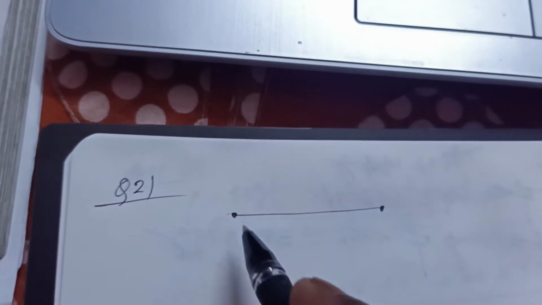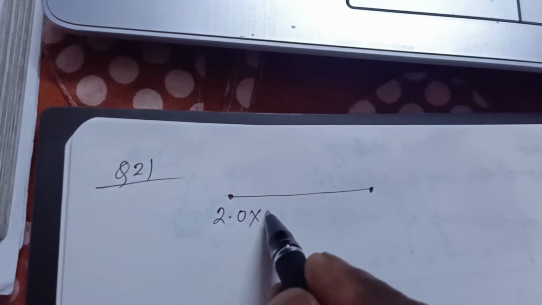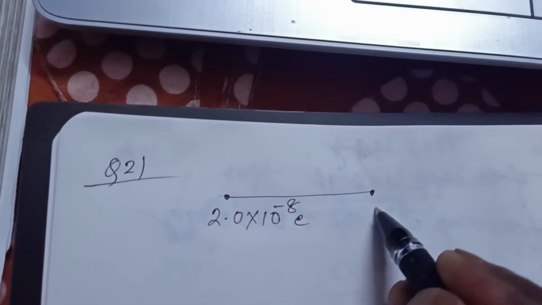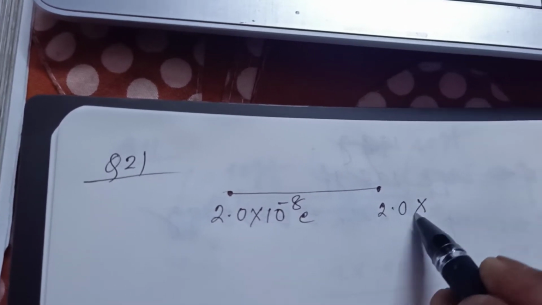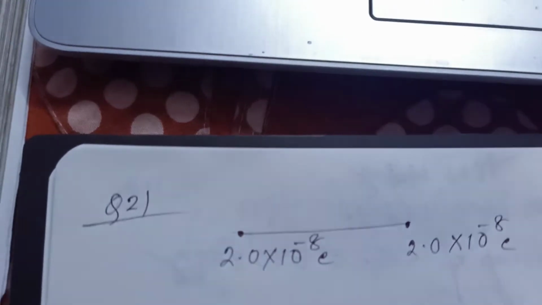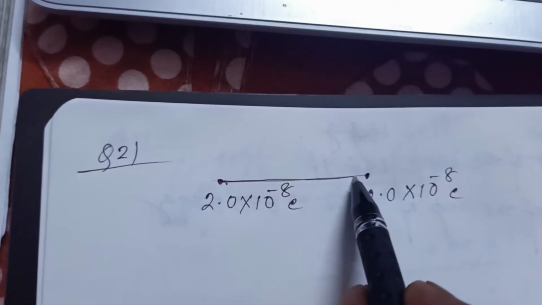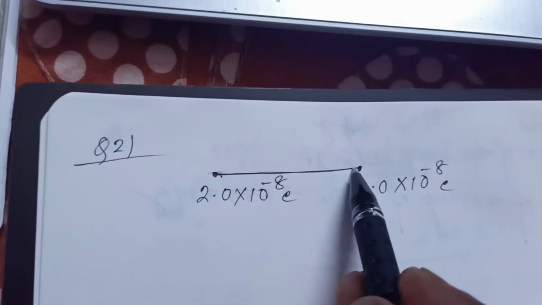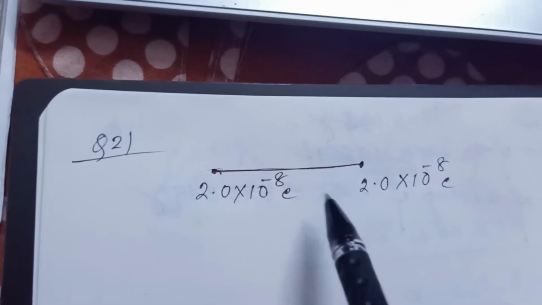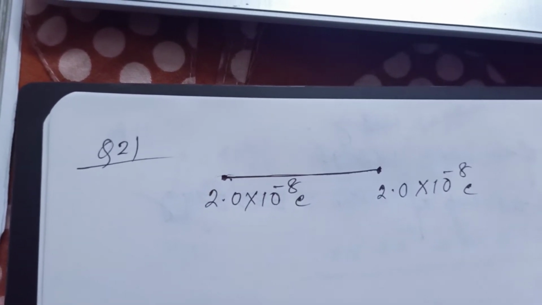Because if we give a particular charge of 2.0 × 10^-8 coulomb, then it stays at that particular position, and if it is a conductor, then it is neutralized. When we rub a comb with our hands, the charge resides on the comb, and if the comb is a conductor, then the charge is neutralized through our hands. So it must be an insulator.